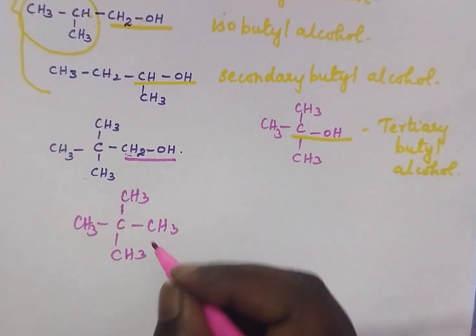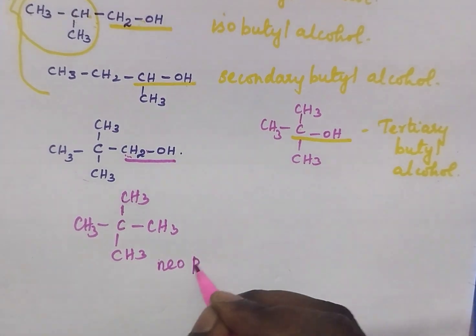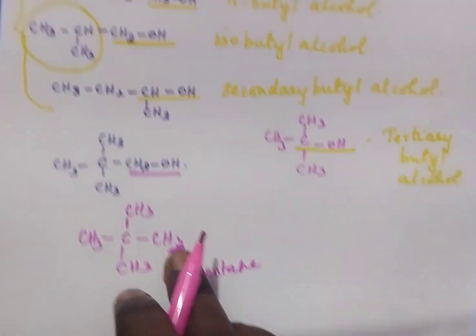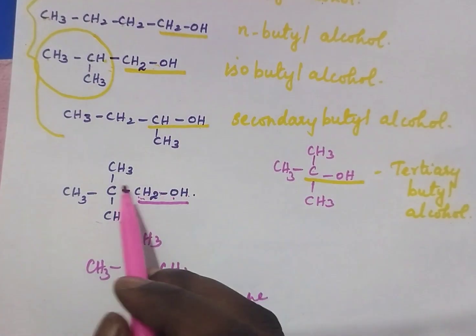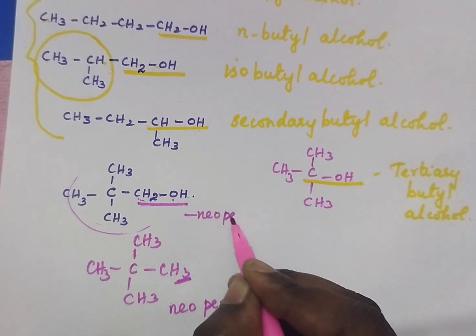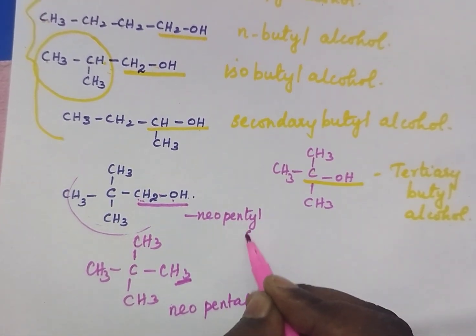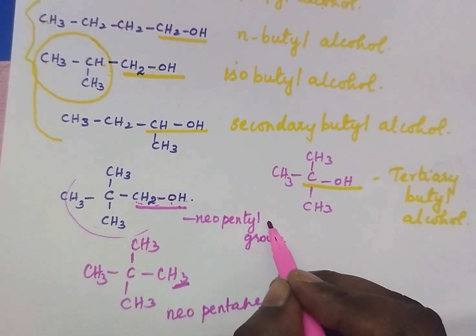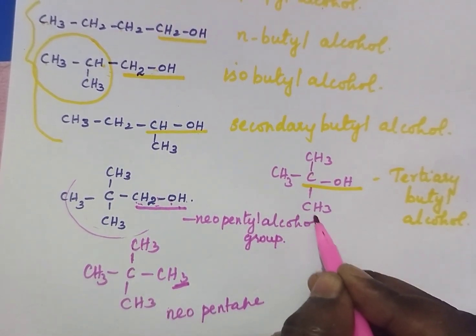So this compound is known as neopentane. In this neopentane, one of the hydrogens is replaced by an OH group, so this is the neopentyl group. The neopentyl group containing alcohol is neopentyl alcohol.